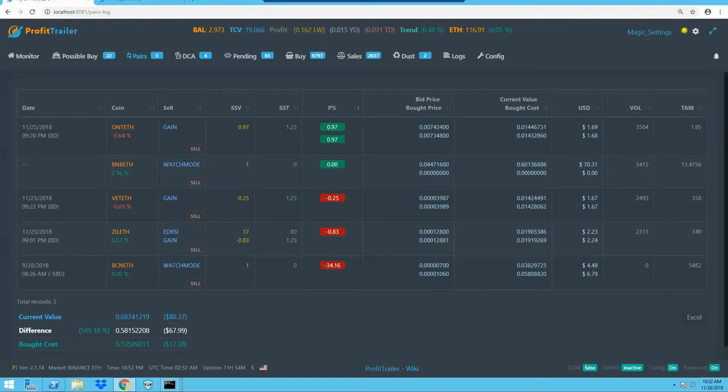The reason why this is important is because while you're taught by the ProfitTrailer Discord channel to use proper dollar cost averaging techniques, they have you use a calculator to determine the amount of money that you have available and how you're going to utilize that money to purchase your coins, so that you have enough money to buy the coins as they go down.